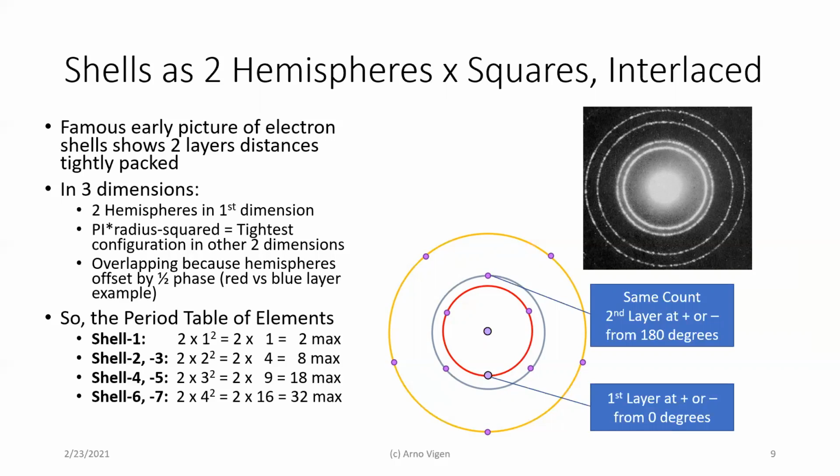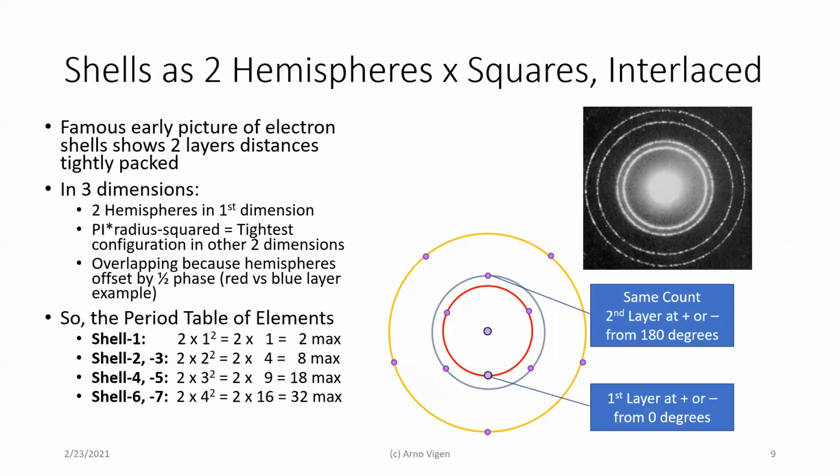A circle is the tightest configuration of what you can get of number of units. Now, it is quantized. There are specific counts of electrons, thereby they cannot change. But third, these shells overlap, so you get 2 layers at the same count offset by the half phase.